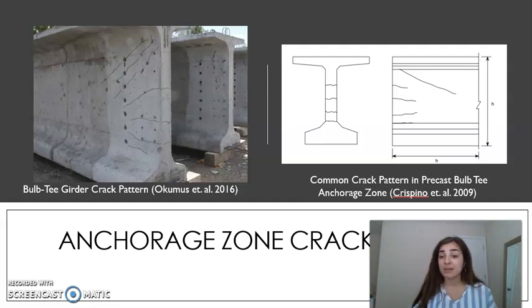An FEM-based investigation showed that shrinkage actually had the most unfavorable effect on anchorage zone cracks compared to creep and thermal stresses. Repair of these cracks can be costly and time-consuming, and most commonly an epoxy injection along the length of the crack is used, which can detract from the physical appearance of the concrete member, but also can delay production.